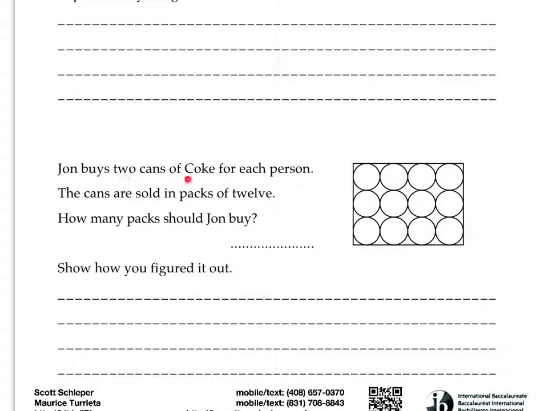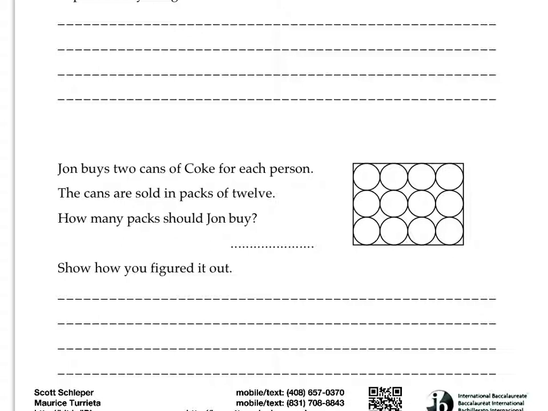Here it says John buys 2 cans of Coke for each person. The cans are sold in packs of 12. How many packs should John buy? So he has to buy them in units of 12, and you have to think how many people are there total, children and adults.